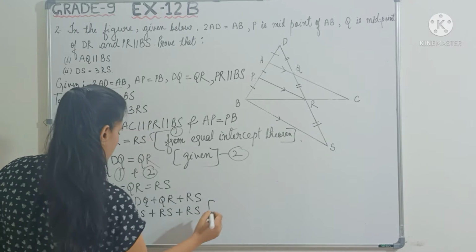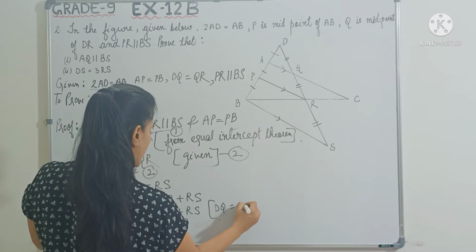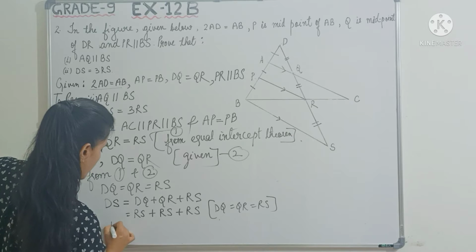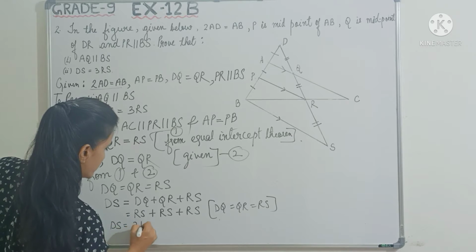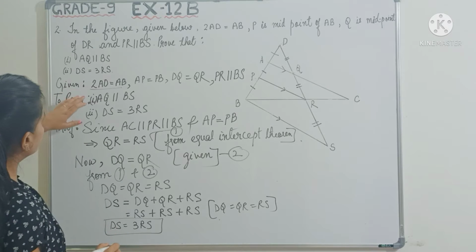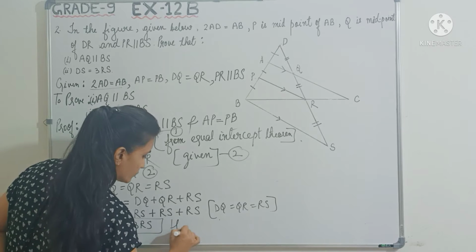You can write down here if you want that DQ is equal to QR is equal to RS. So from here you will get DS is equal to 3RS, and this is what we had to prove, right? Hence proved.